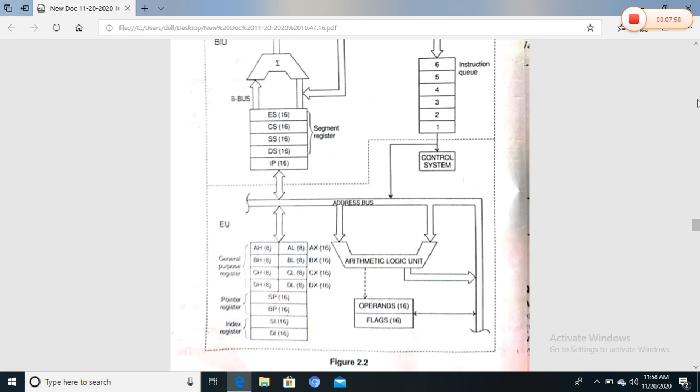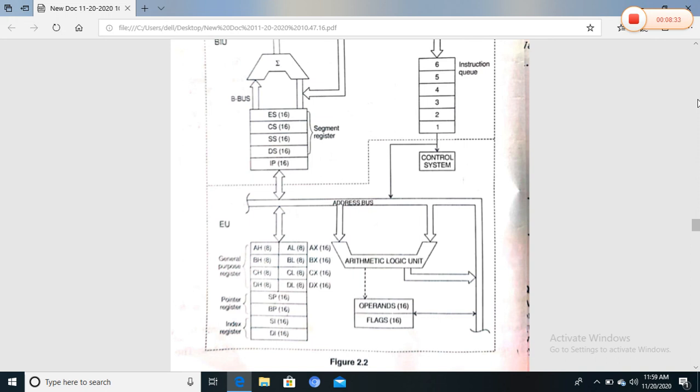How does the queue speed up the processor? When the BIU fetches the instruction bytes, the EU executes the previously decoded instruction. This is quite a bit faster than sending out an address to memory and waiting for memory to send back the next instruction byte.